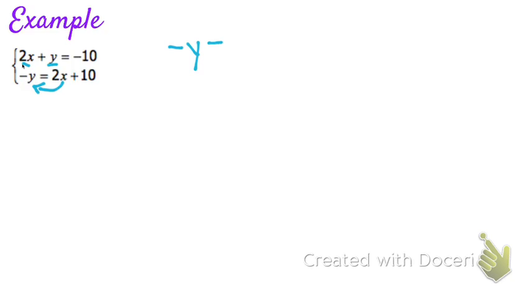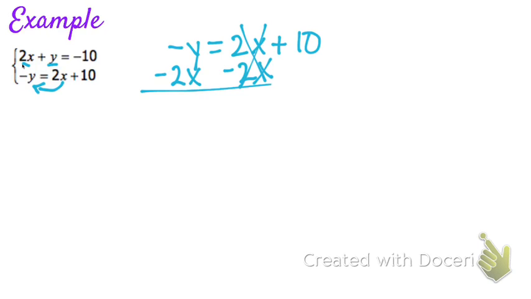So if I have negative y equals 2x plus 10, and I want to move my x over to the left side, I'm going to subtract it because I don't want it to be over here anymore. So I have to subtract it over here as well. So this would be, if I want to put the x's first, negative 2x, and then my y, negative y, equals 10. So I have now changed my equation.